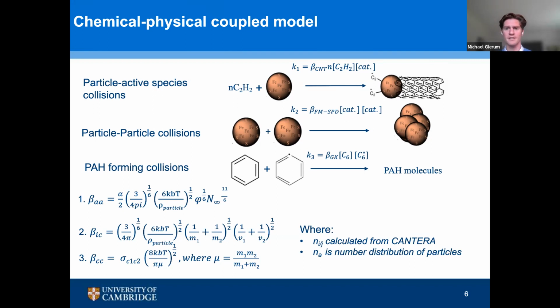We made the physical model slightly simpler in that we use analytical solutions to these coagulation problems and collisions for the rates, mainly because there's not actually a lot of experimental evidence that we can back onto using more complicated models.